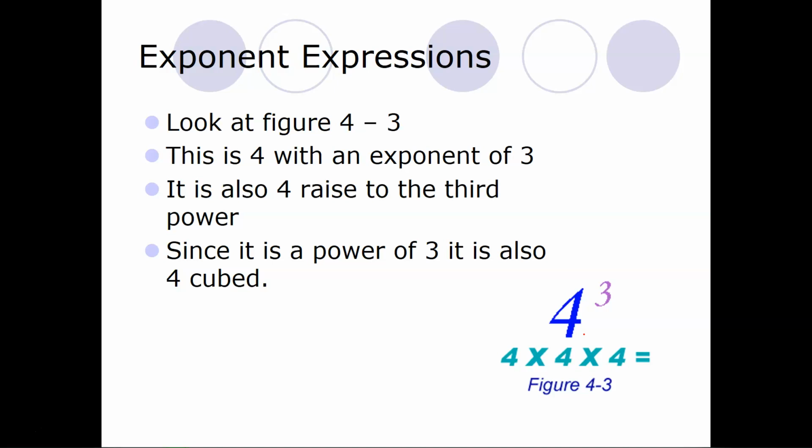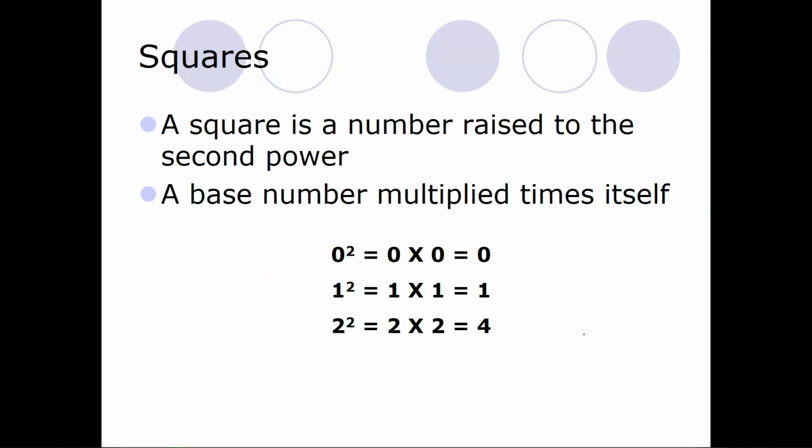Everybody following along all right? So then we have squares. This is a number raised to the 2nd power, or the base number multiplied times itself. We kind of like those, right? Because they're typically fairly easy.